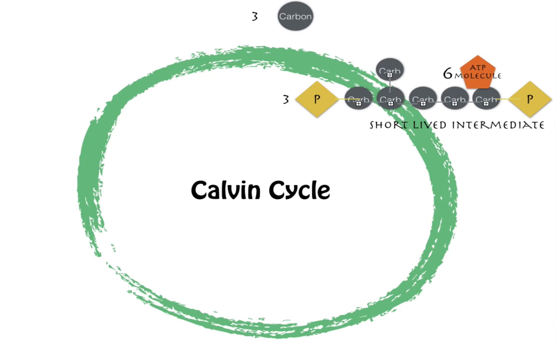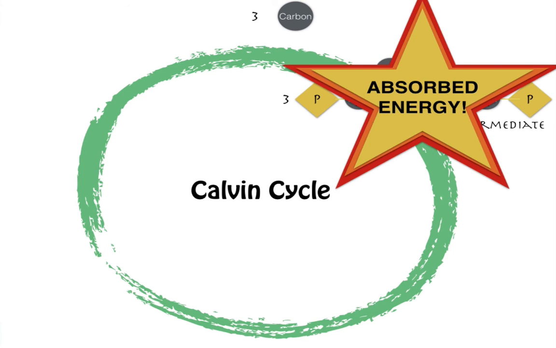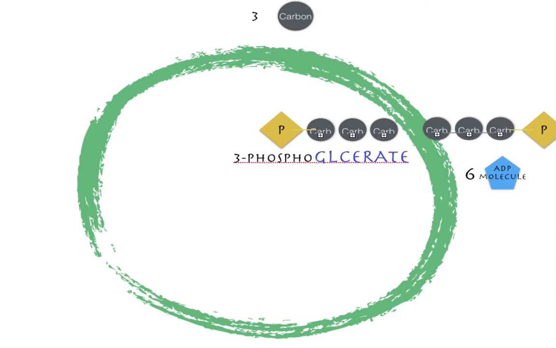So ATP comes in, and we have a very strong reaction where the energy from the ATP is now being absorbed by this molecule, and that energy causes such an instability that the molecule breaks apart into 2 molecules, okay? And this molecule is called 3-phosphoglycerate, okay? Meaning that the phosphate group, the yellow, is attached to carbon number 3.